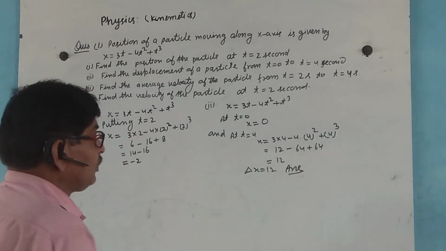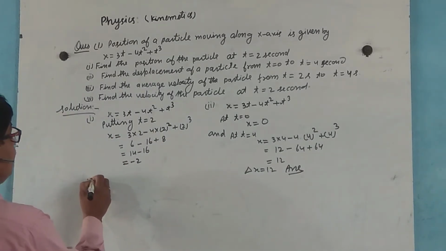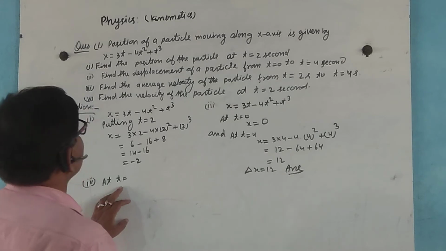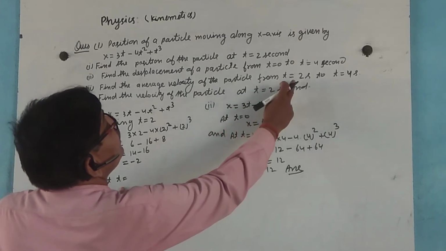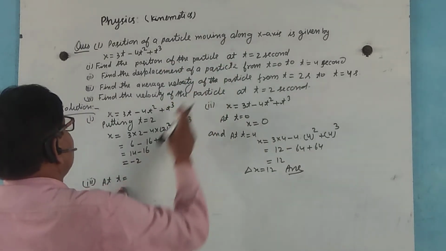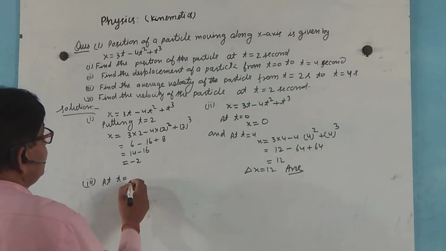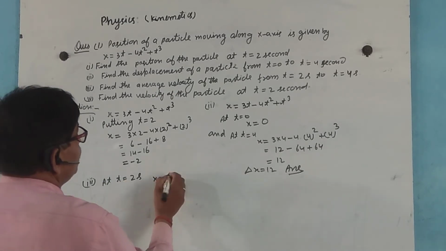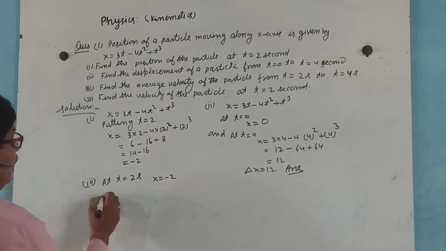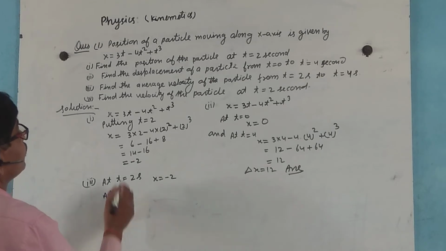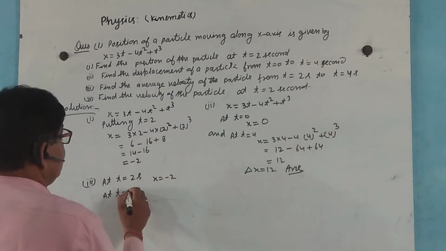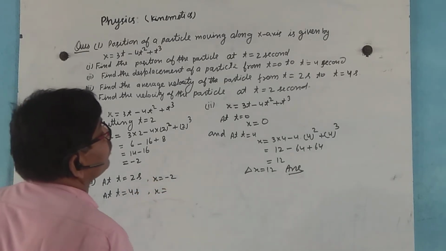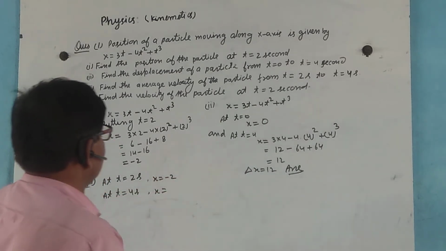At t equal to 2 seconds, the displacement will be minus 2, x equal to minus 2, and at t equal to 4 seconds, x is equal to 12.